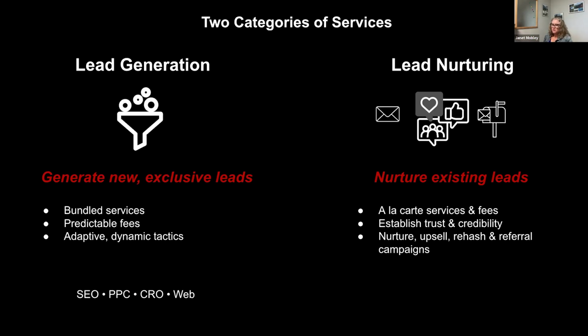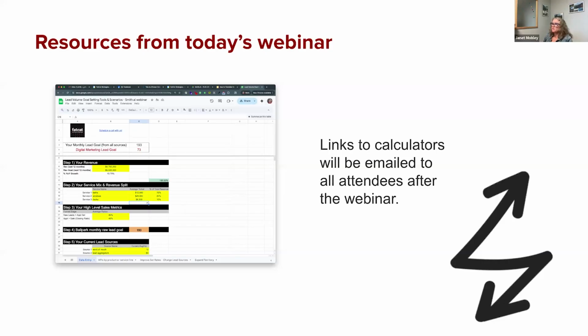On the lead generation side of things, you're looking at search engine optimization, paid ads, conversion rate optimization, and we build and maintain websites. On the nurture side, that can be text, direct mail, email. We also offer social media services and even print design services. So that's a little bit about us.